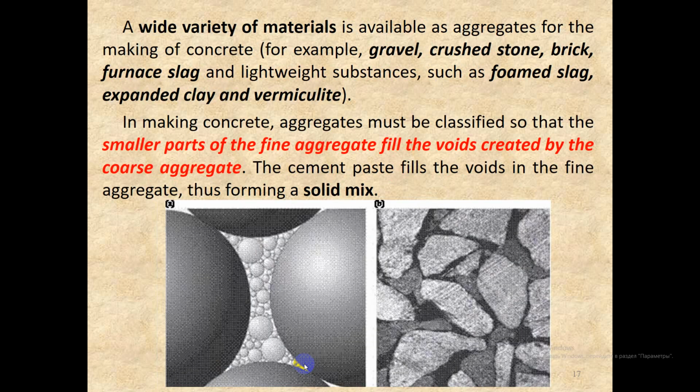A wide variety of materials is available as aggregates for the making of concrete. For example, gravels, crushed stone, brick, furnace slag, and lightweight substances such as foamed slag, expanded clay, and vermiculite.